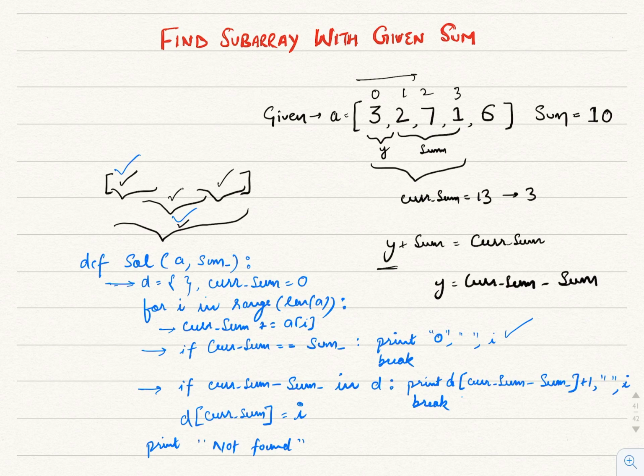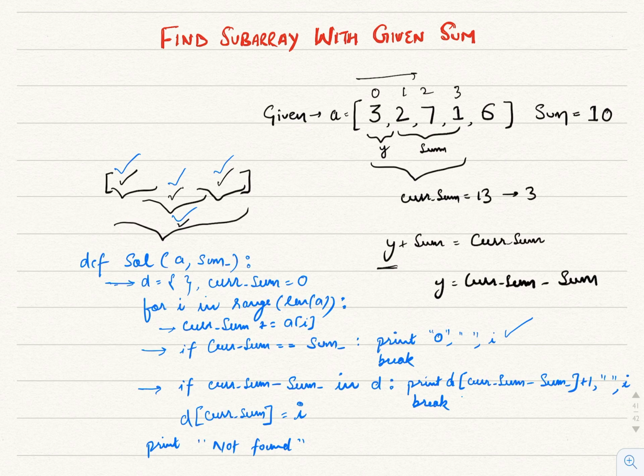And this is the case which solves these two problems where the starting index of the subarray is not equal to the starting index of the given array. So here we'll find out whether y, which is current sum minus sum, has appeared in the dictionary or not. If it has, we'll print the starting and the end index of the given subarray and we'll break out.